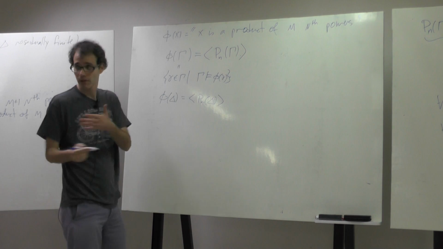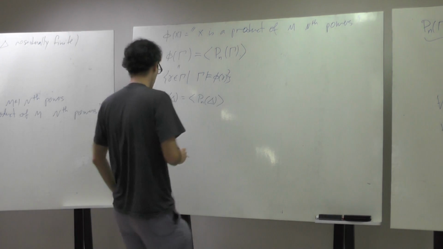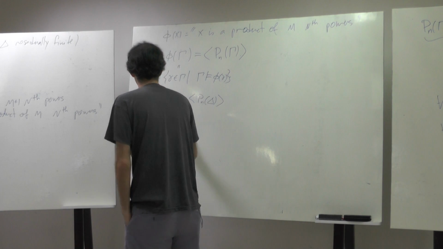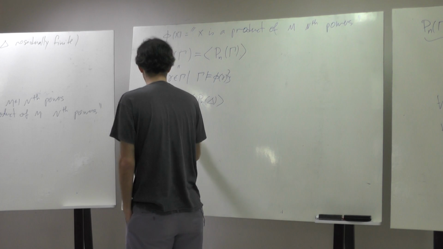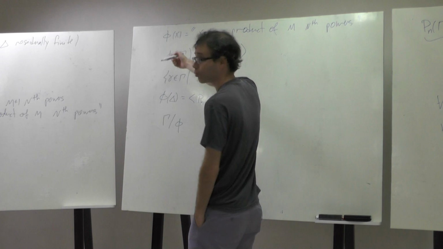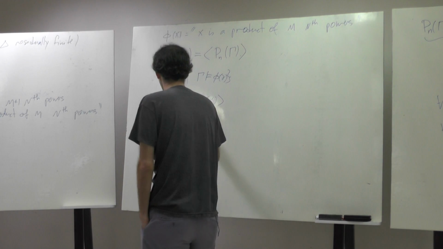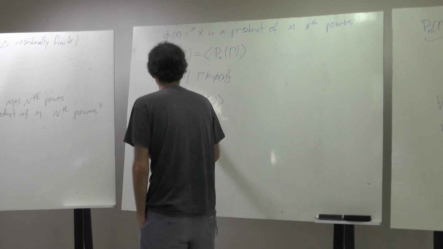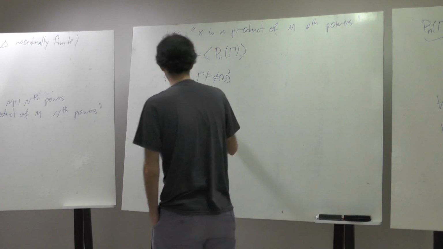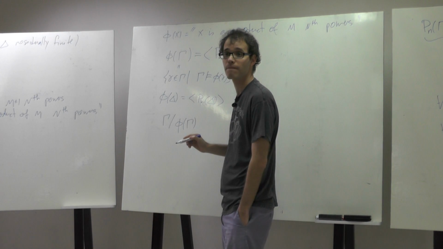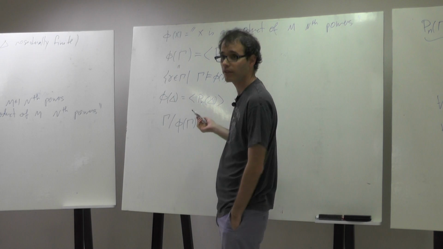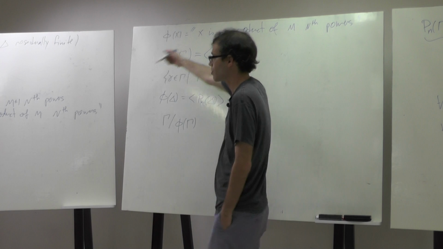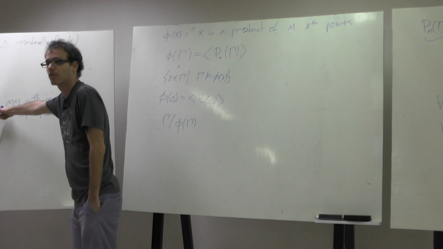As Nick said, we know that gamma modulo this subgroup, in particular, it's a subgroup. Phi of delta is a subgroup because of elementary equivalence.